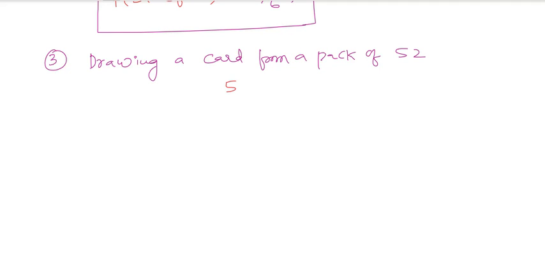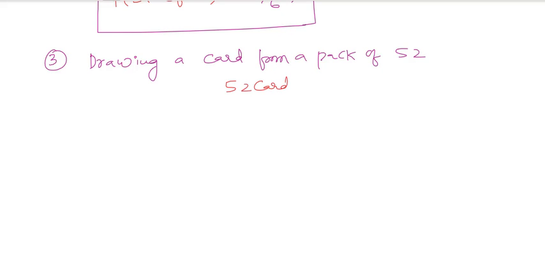The third one is drawing a card from a pack of 52. You know that a deck has 52 cards, right?